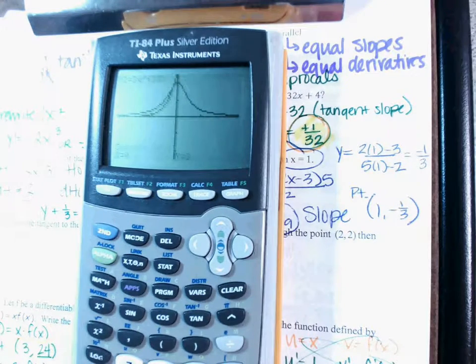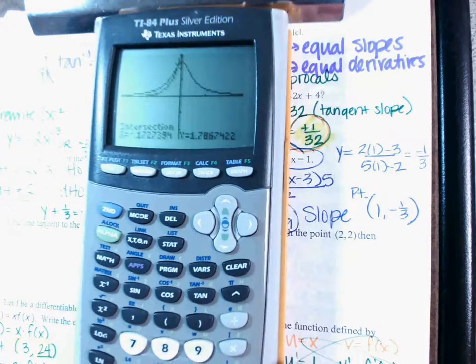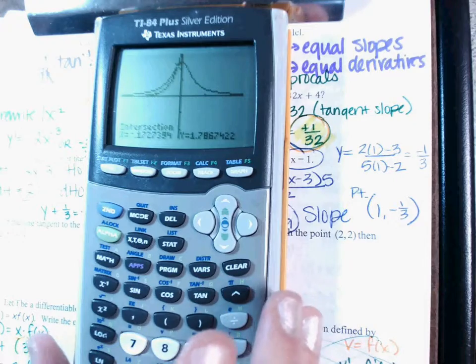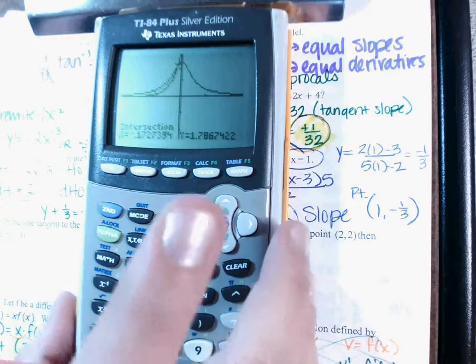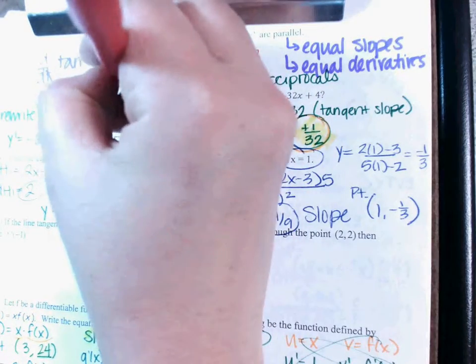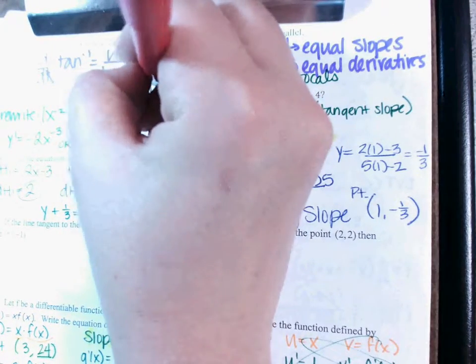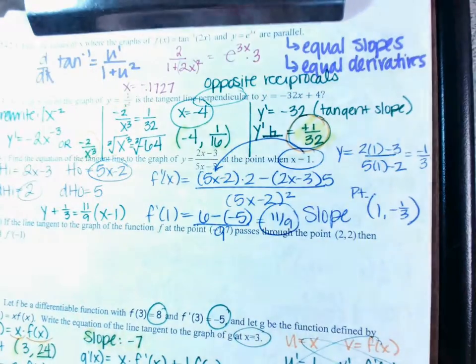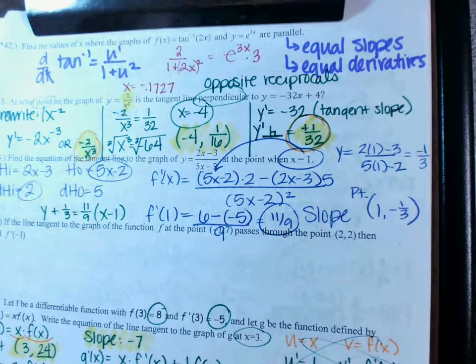Enter, enter, enter. They cross right there. Okay. Yep. So in the calculator, I got x equals negative 0.1727. Now notice it says find the values of x.